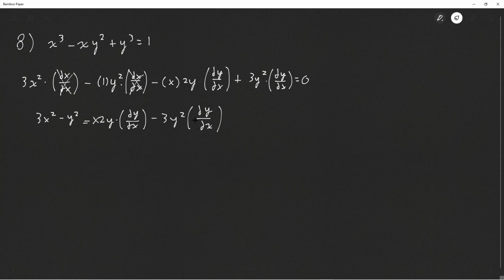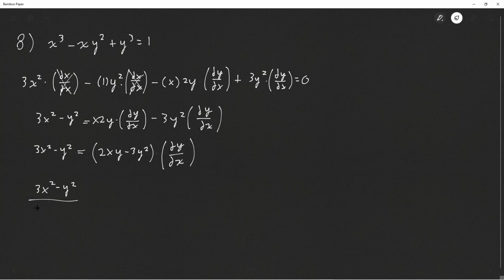So now when we factor out our dy over dx, this will become 3x squared minus y squared is equal to (2xy minus 3y squared), all multiplied by dy over dx. So now to simplify for our dy over dx, we divide both sides by 2xy minus 3y squared to give us (3x squared minus y squared) divided by (2xy minus 3y squared), which is going to be equal to dy over dx.